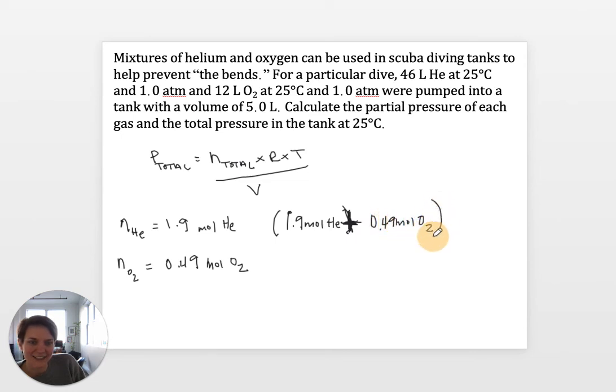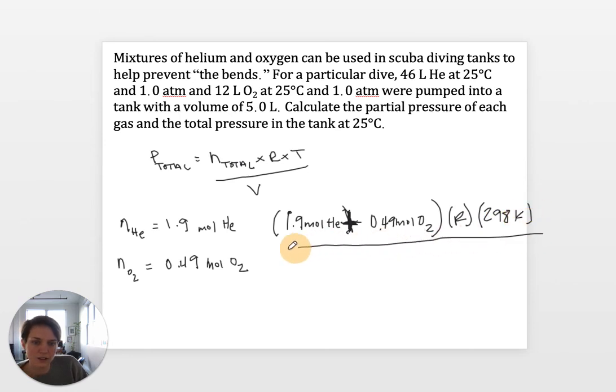We're adding those things, times R, times temperature, which was 298 K, over our new volume of 5 liters. So plug that into your calculator, remembering that that is 1.9 mole plus 0.49 moles, and you would get that same answer.